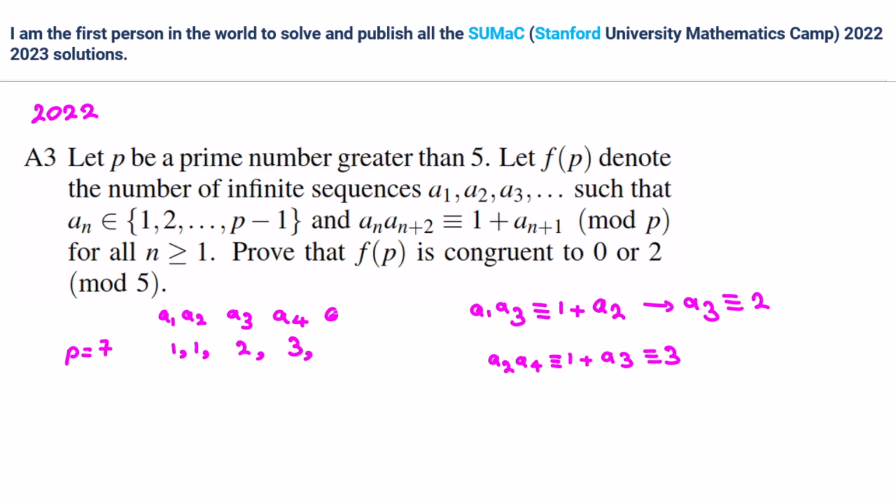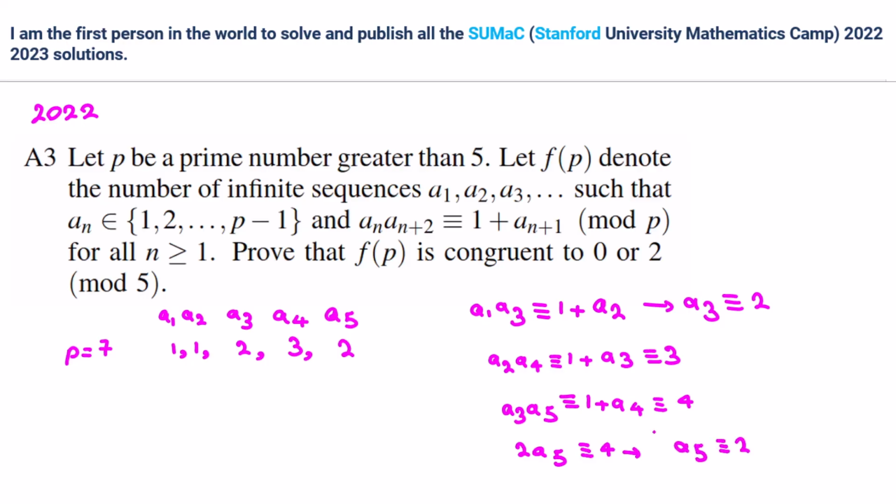Good job. A5 is what? A5 is 2. Okay, so let's check. A3 times A5 is 1 plus A4, which is 4. A3 is 2, so 2 times A5 is 4, so A5 is 2.